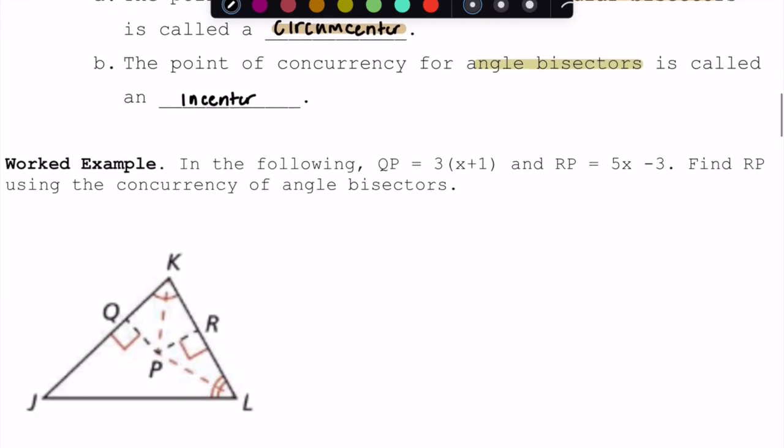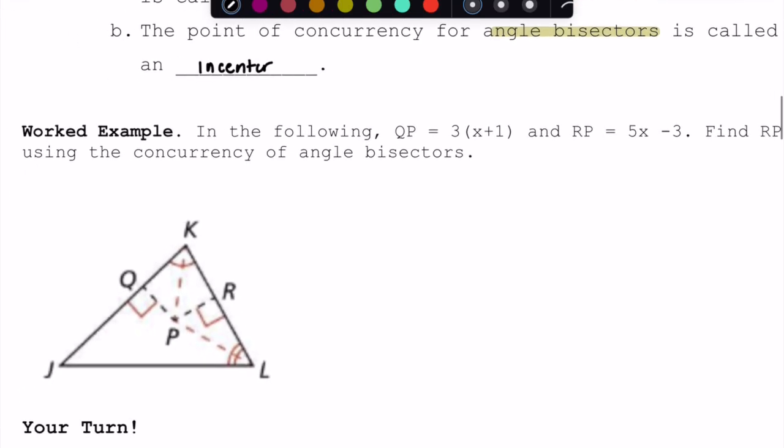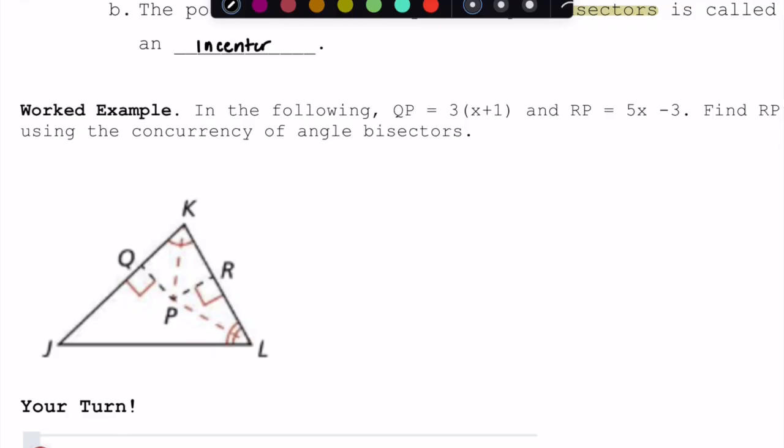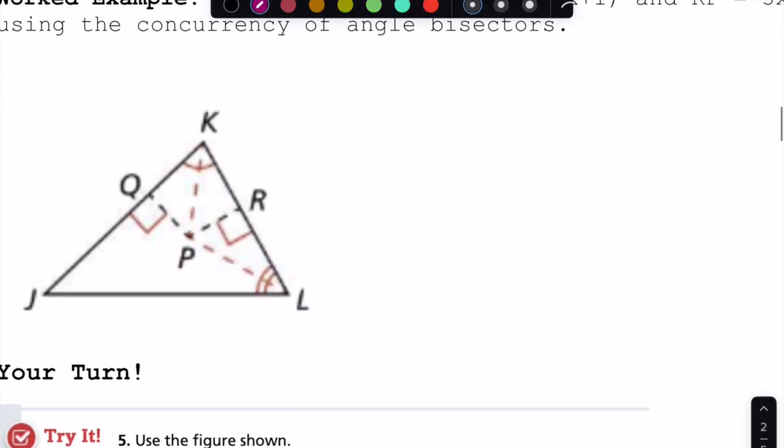All right, so let's look at this example right here. I'm going to work through this one with you, and then I'm going to ask you to do the next one on your own. Here we have a bunch of angle bisectors. We have the angle bisector for angle K and the angle bisector for angle L. Let me draw this out.